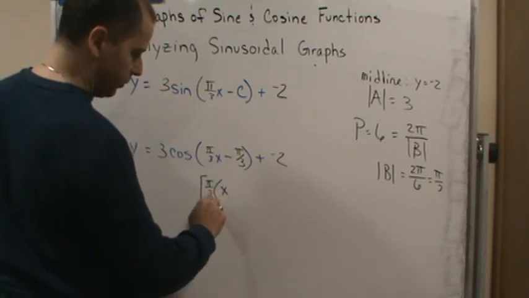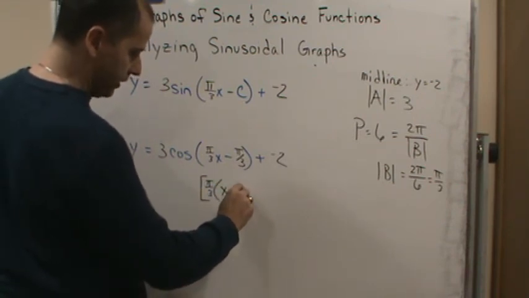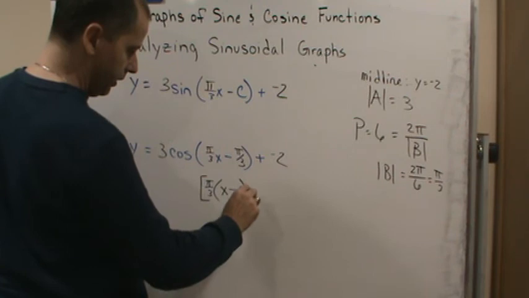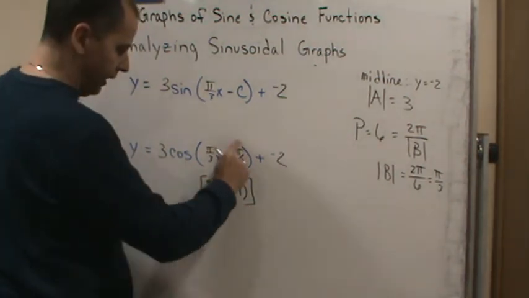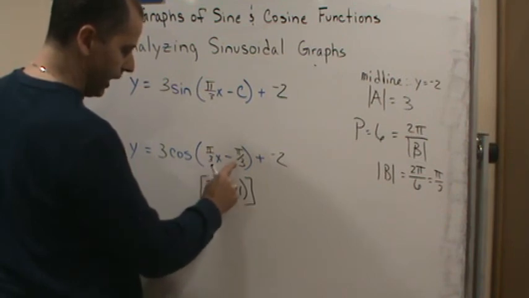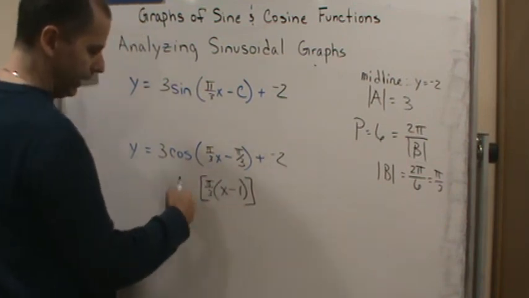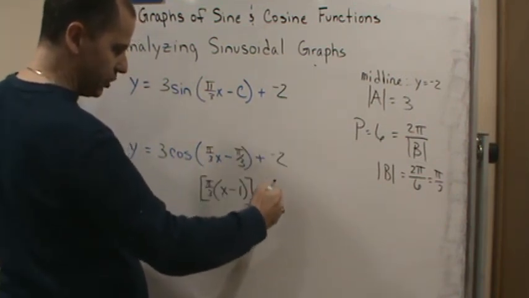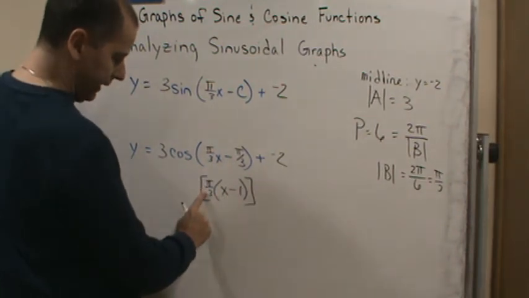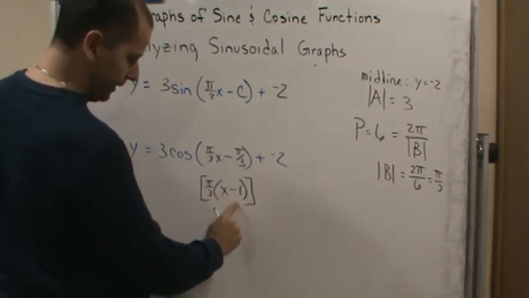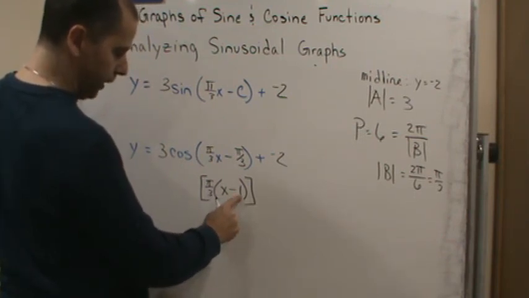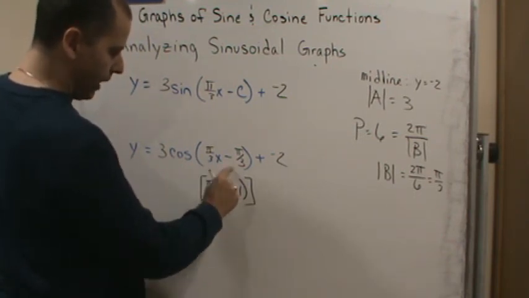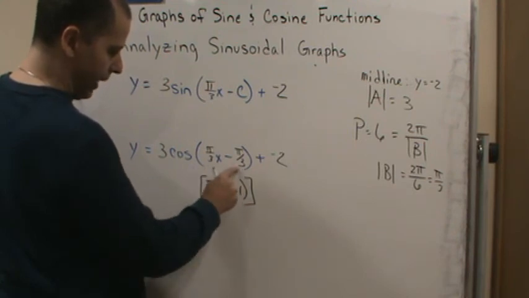So this would give us x minus 1. When you've got something here, you've got to make sure it works out and gives you what's on the shift. So here's our B, and in here is our horizontal shift, the -1. And that's why this is correct.